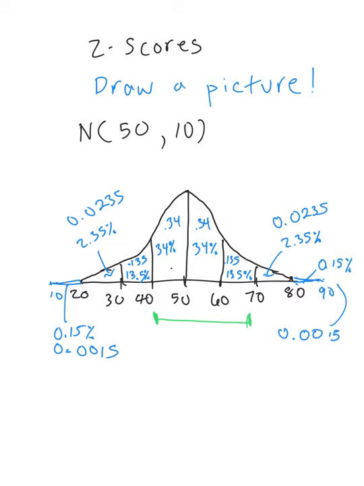If they want it in a percentage, we just add the percentages. So that's 34 plus 34 plus 13.5, and I got 81.5. That is the percentage of people falling in between.